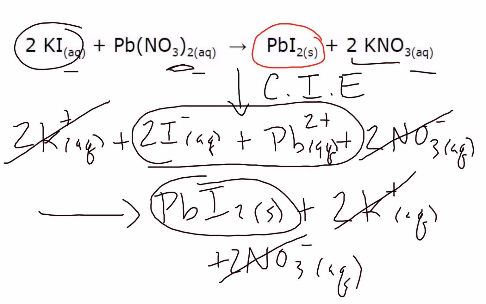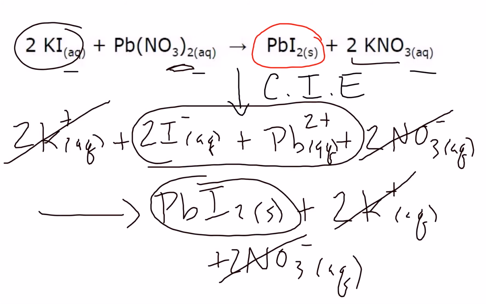So if we're going for the net ionic equation, we're going to have 1 lead, 2 iodine, and then we're going to have a lead iodide. All right, so let's do that. So this is for the net ionic equation. And I might go back and forth a little here just so you remember. So we said, go back here and look.